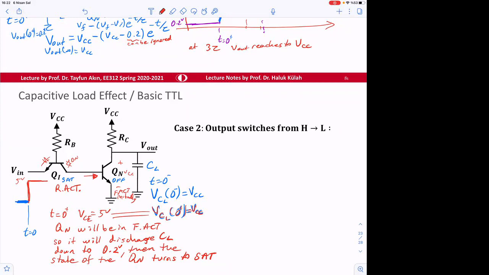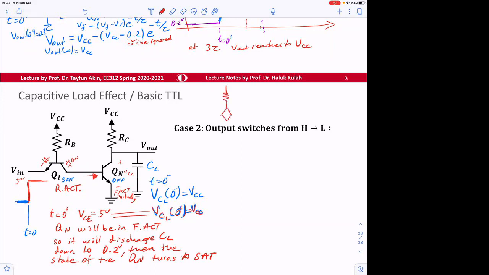So for QN, I guess maybe I can draw the circuit somewhere around here. So the model for that discharging is going to be like this.